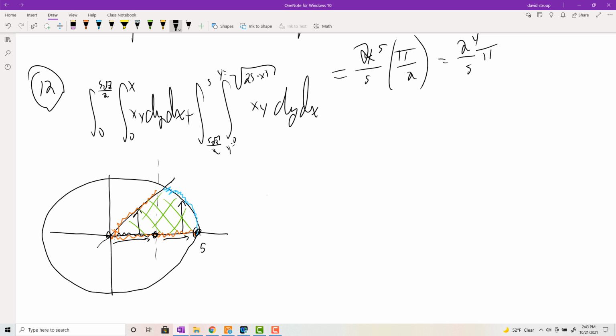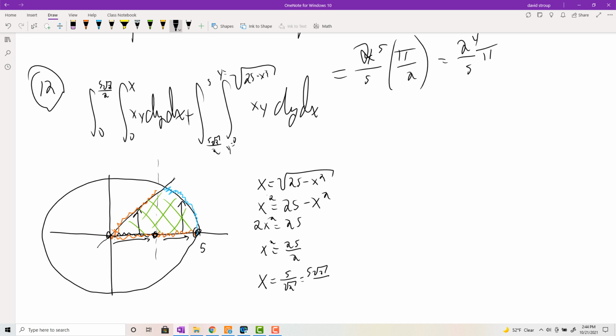So you could replace y with x and then solve this equation, 25 minus x squared. So you get x squared equals 25 minus x squared, so 2x squared equals 25, and x squared equals 25 halves, and this is where you're getting that weird 5 root 2 over 2, right? So square root on both sides, it'd be 5 over root 2, and then when you rationalize, you get 5 root 2 over 2.